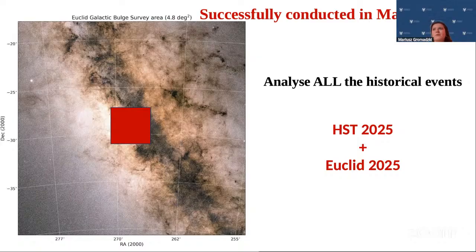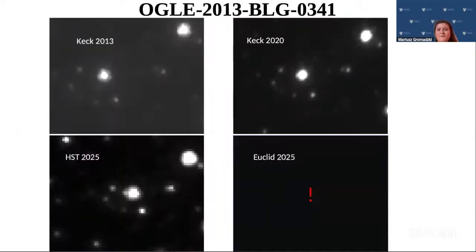So like a lot of Google people, they're not inside the working group. So this way you will be able to also use the Euclid data, that observations that I know that you really want. So one of the events that is our priority, and my priority, is Google 2013-0341, which, as you can see, has a Keck image epoch from 2013, where obviously source and lens are aligned.